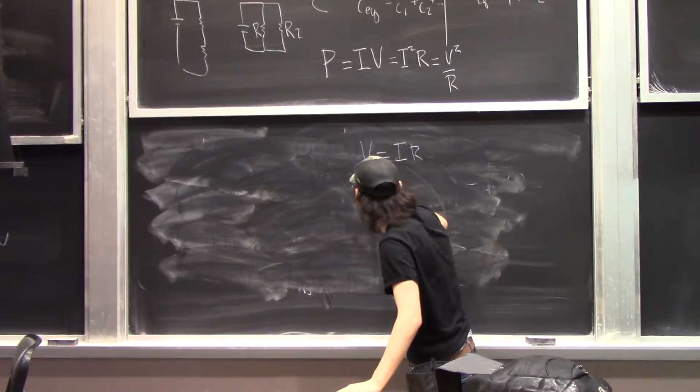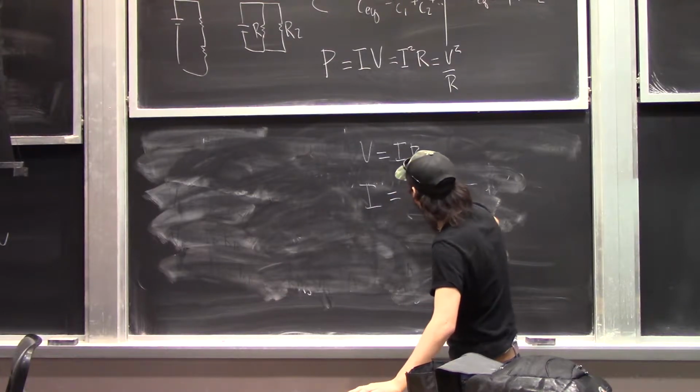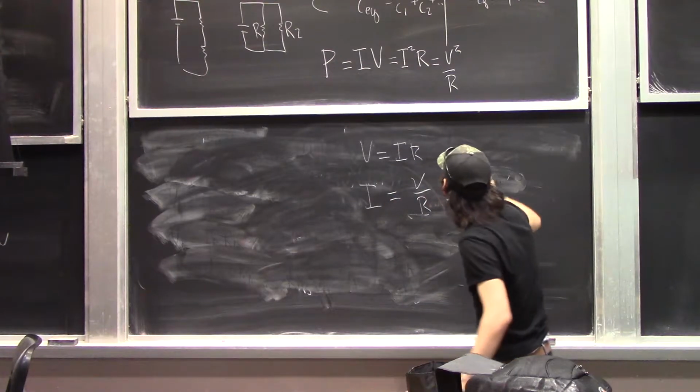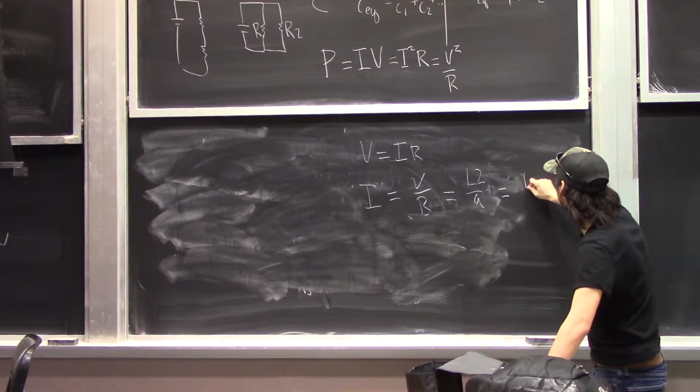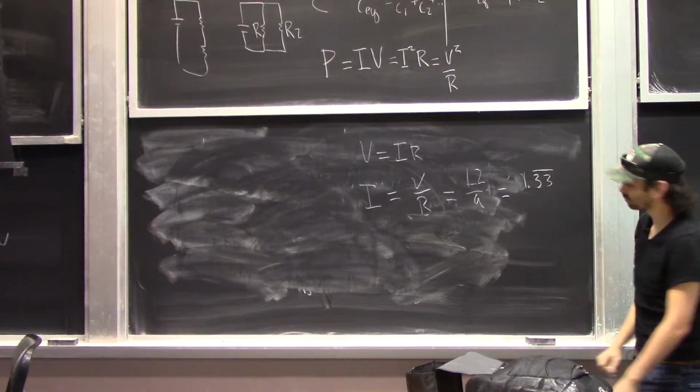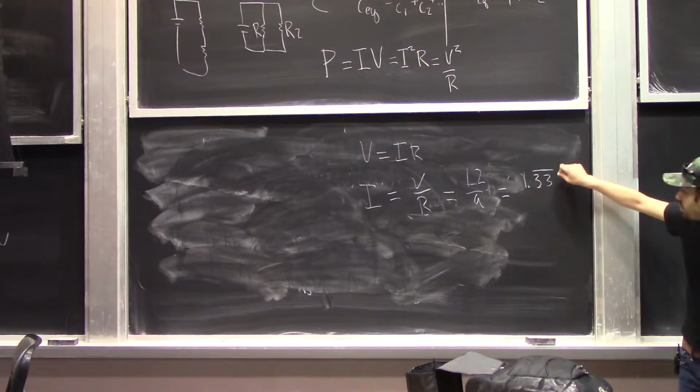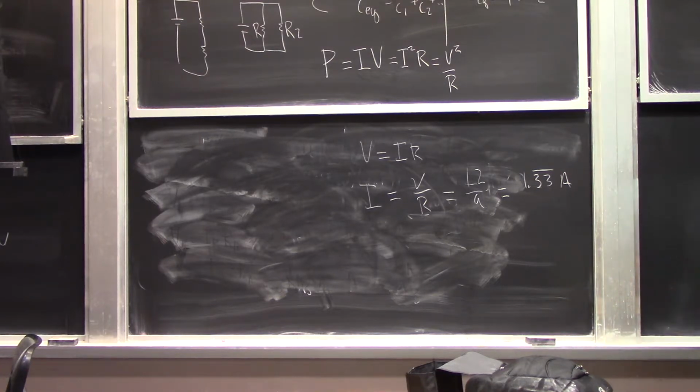So we can say that the current is equal to the voltage divided by the resistance, which is 12 over 9, which is equal to 1.33 amps. All right, so moving on.